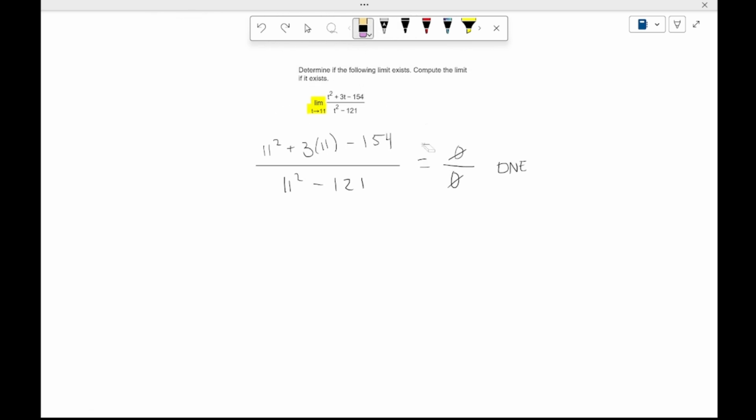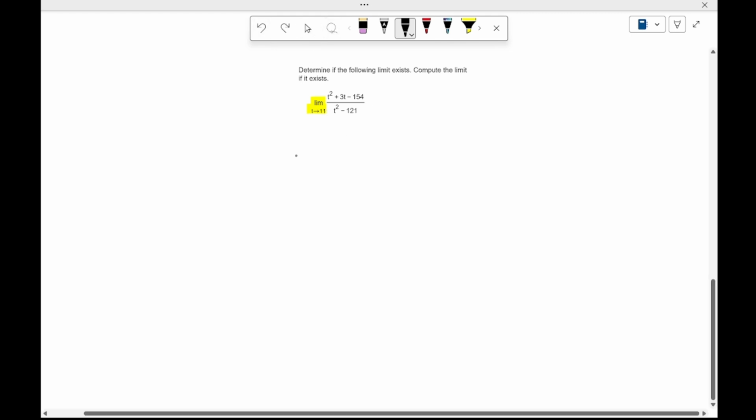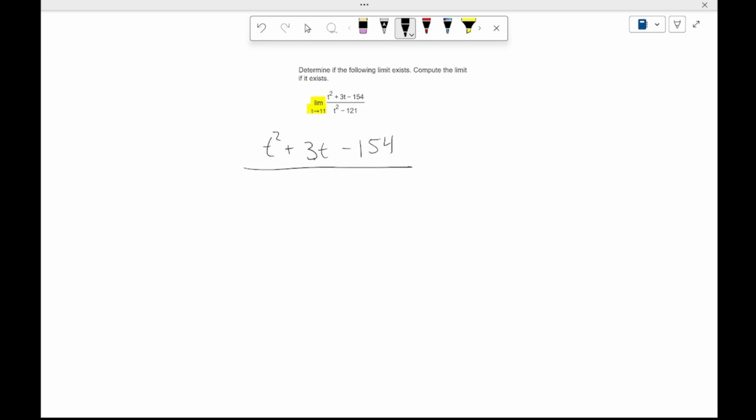So what are we going to do? First, erase all of this work. And next, we're going to walk away with the knowledge that we can't just plug in 11 to t. Right here we have perfect squares. If you remember from algebra, the bottom t squared minus 121 can be made t minus 11 and t plus 11.